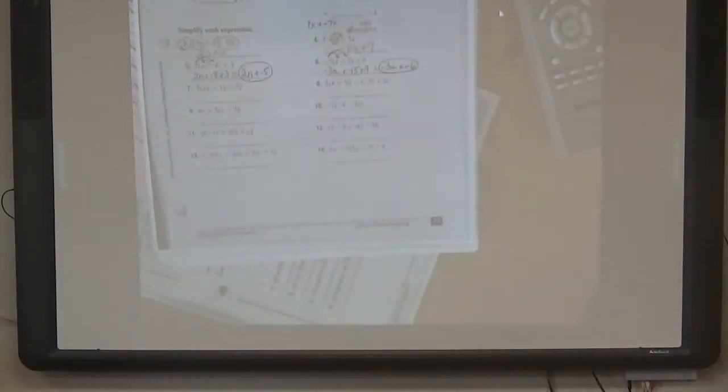Where did the negative 6 come from? Bennett? Bennett. Where did the negative 6 come from? A negative 15 plus 9. Yep. Look. Negative 3 times 5 is negative 15. And negative 15 plus 9 is negative 6.